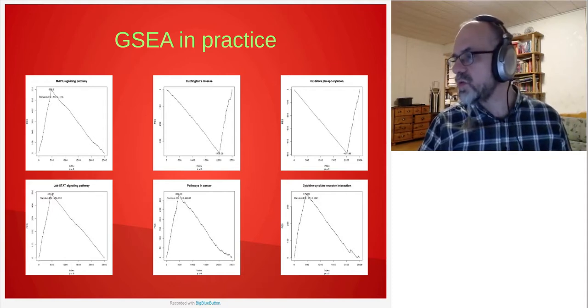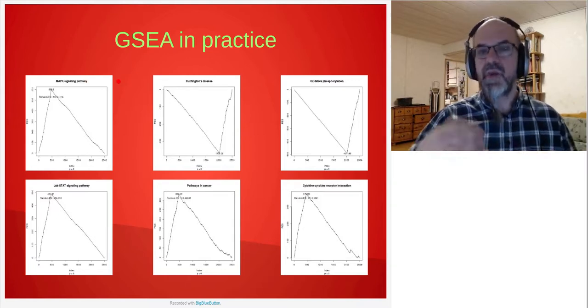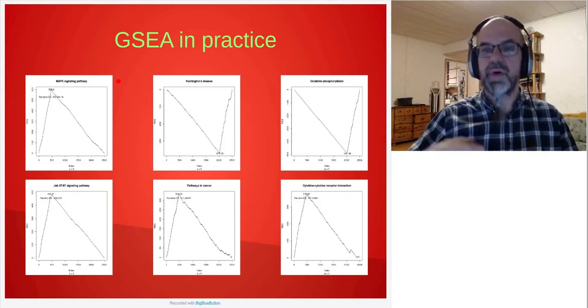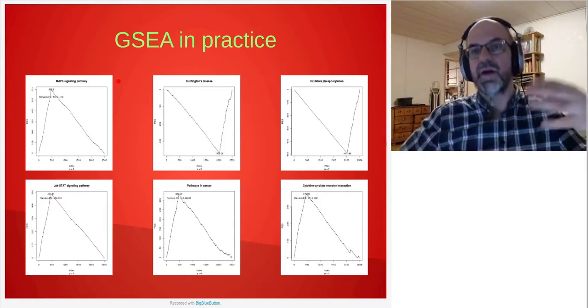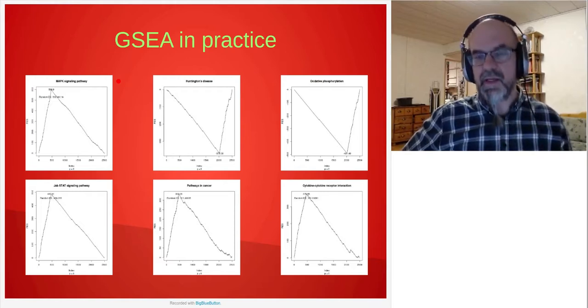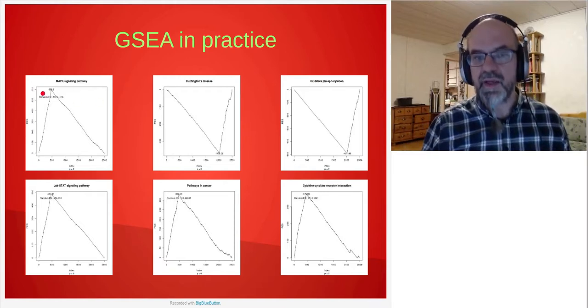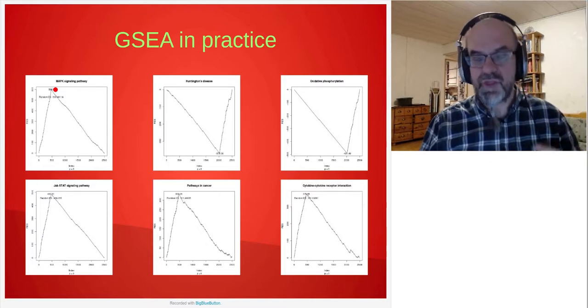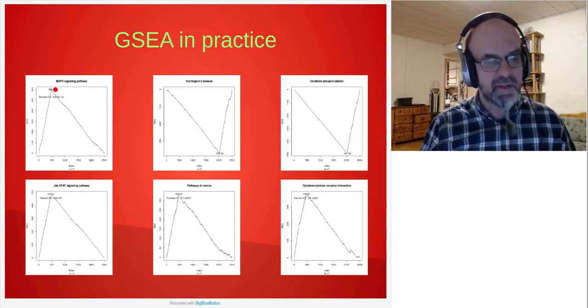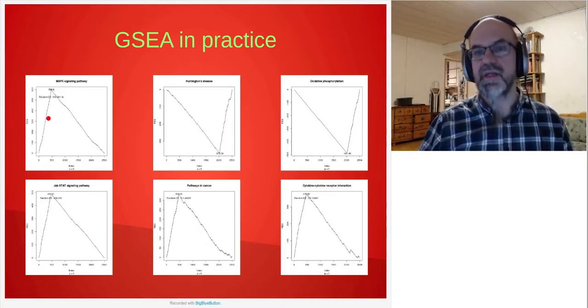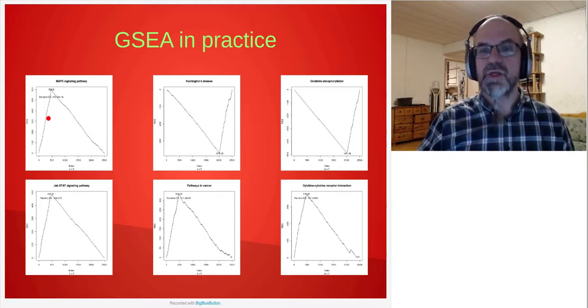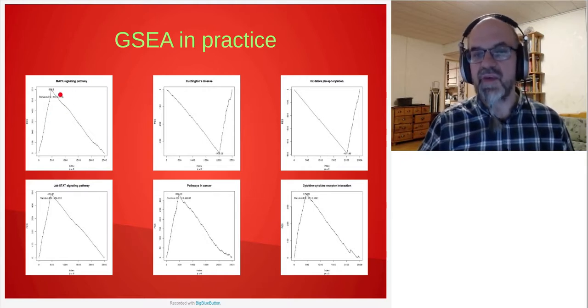And you can use simulations, like randomizing the list or picking up random lists, to figure out if these enrichment scores, which are the end result of this calculation, are significant or not. So you are able to associate a p-value also with these individual plots.